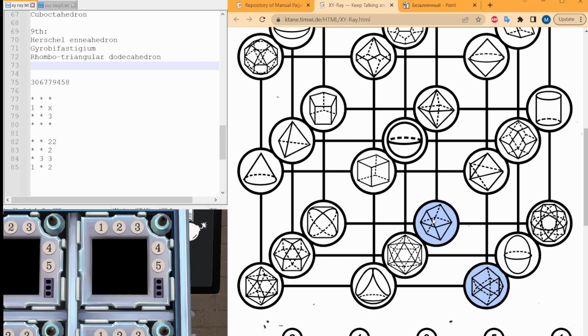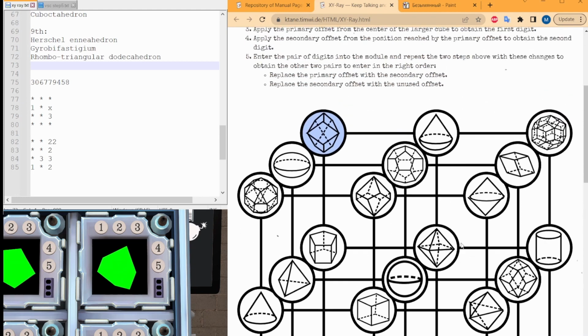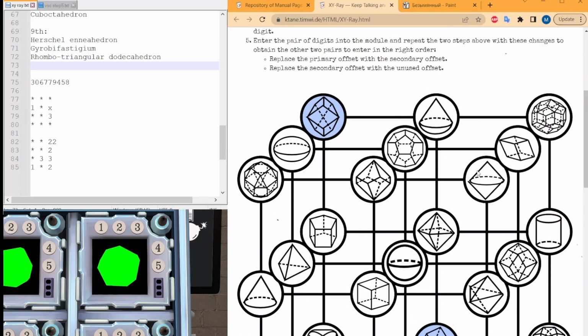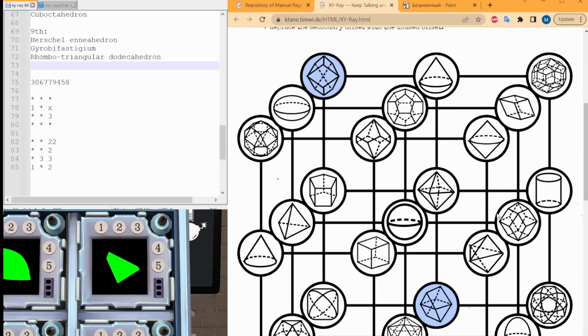It's 8. And to differentiate, you can also count how many vertices have 4 connections and 3 connections. The other shapes that have 8 vertices are only, well, cube and this thing.